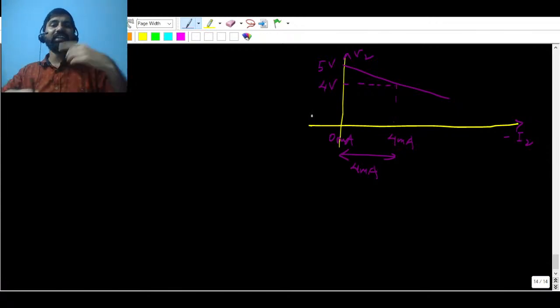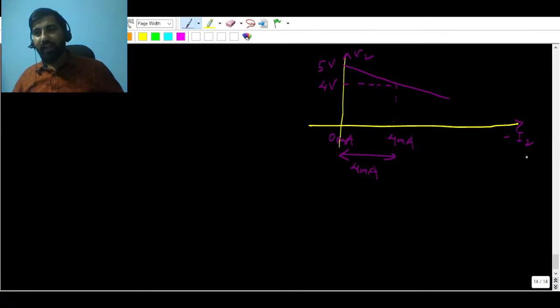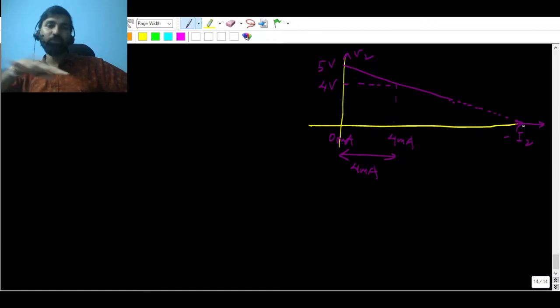V2 and I2 are related linearly. If you extend this slope, it is going to touch the I2 axis somewhere down the line, where V2 is 0. When V2 is equal to 0, that is going to be the value of ISC.